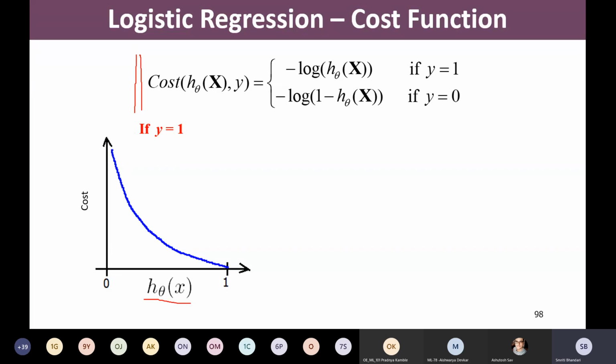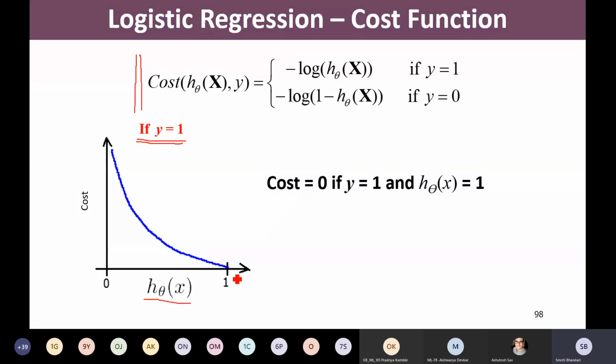Okay, now how can I interpret this cost function? See here, this cost function is for y equal to 1, meaning the sample belongs to class y equal to 1.